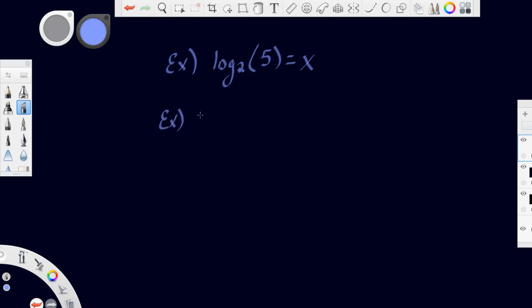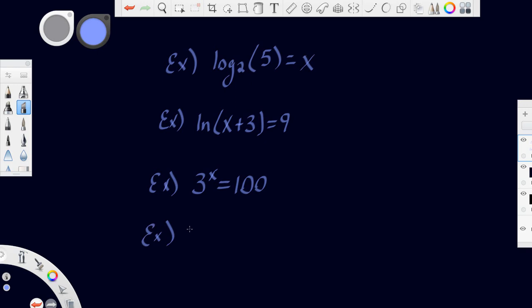Okay, and let's look at natural log of x plus 3 equals 9. Let's look at 3 to the x equals 100. And z to the third equals y plus 7.